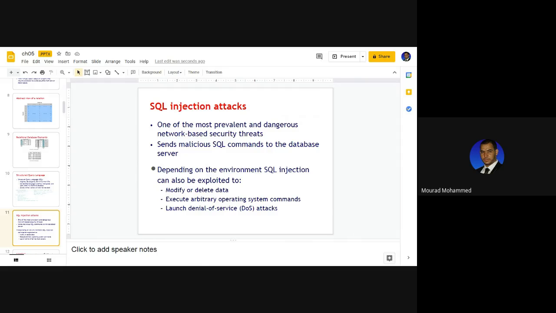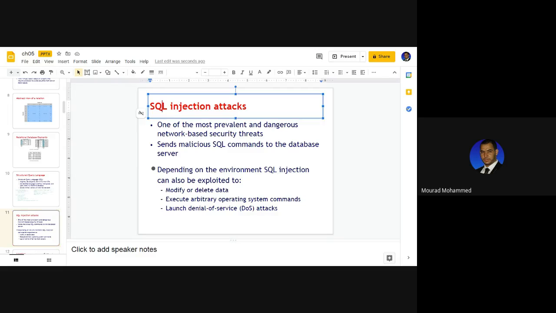The SQL injection, the structured query language injection, is one of the very famous database attacks, which is actually tackling the objects inside using regular SQL queries. Because it uses regular SQL queries, it is very dangerous.